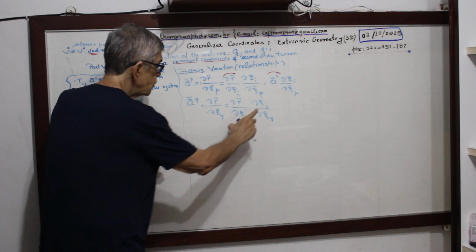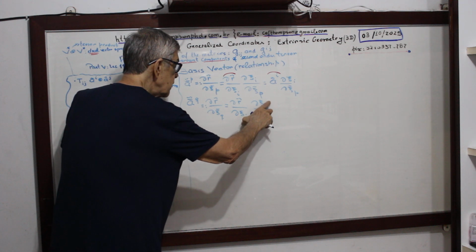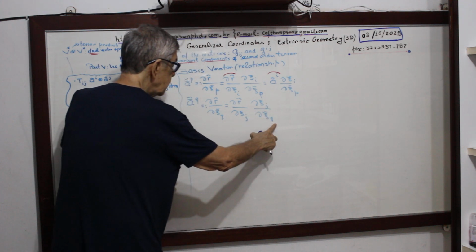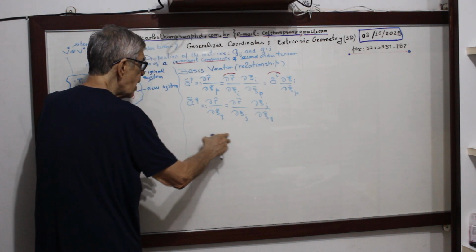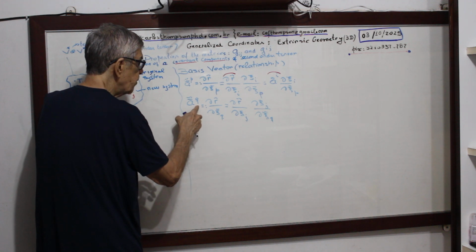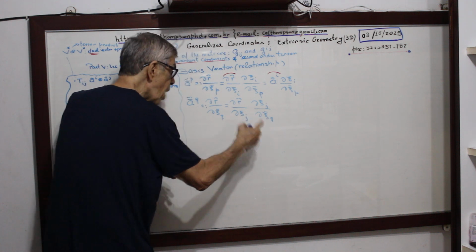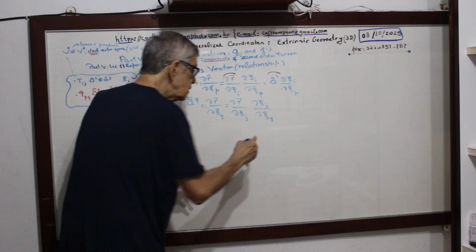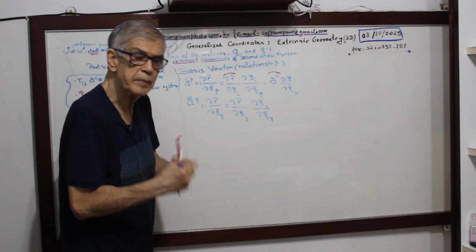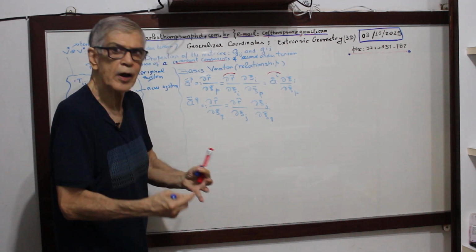Again, j is dummy. q is free. Look at the left hand side. q is free. This is contravariant. Why? Because a lower index in the denominator behaves like contravariant.